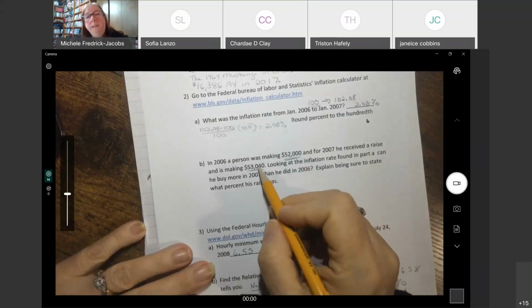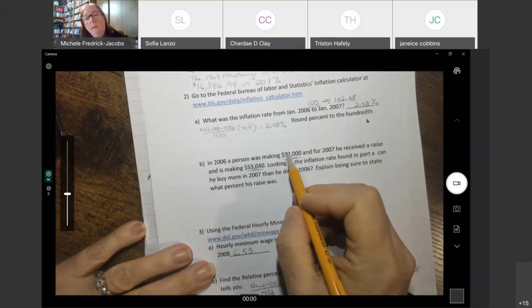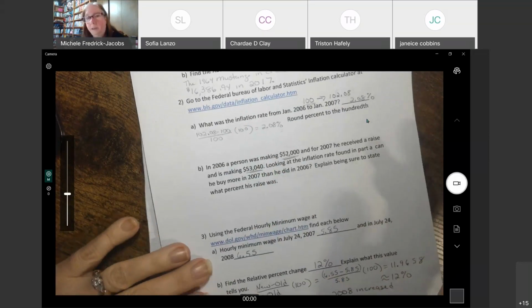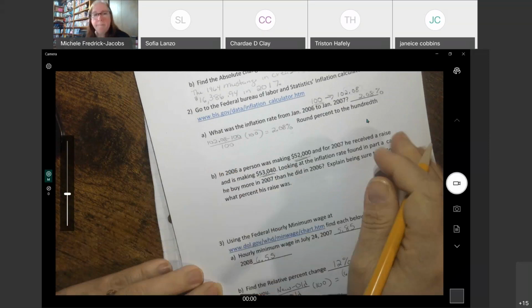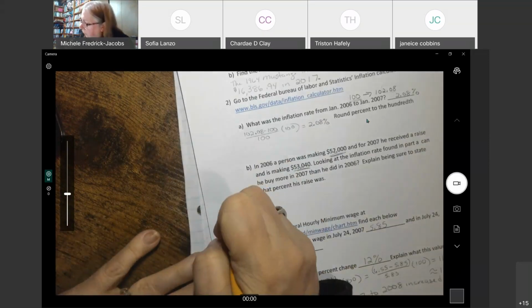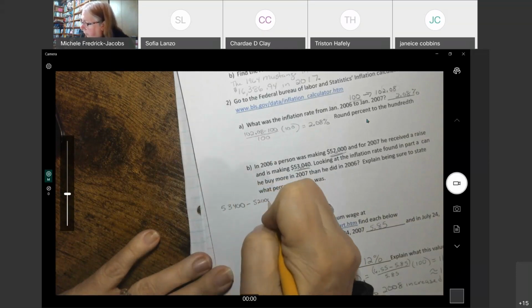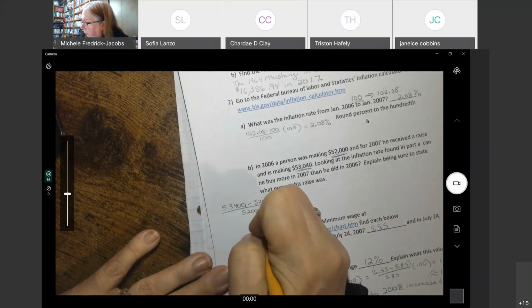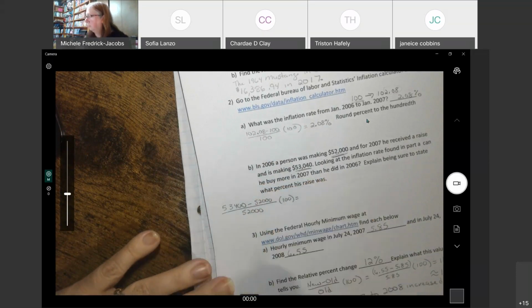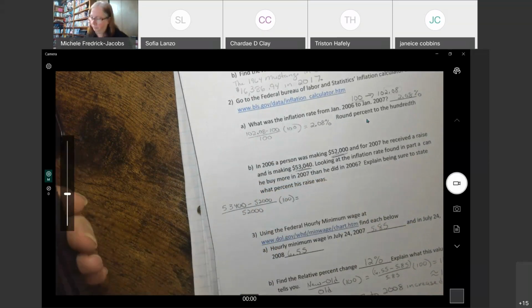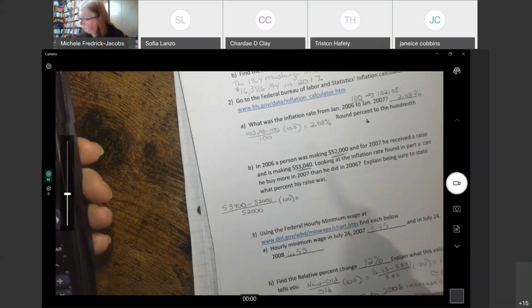So we need to find his increase. That's just relative percent change. 53,400 minus the 52,000 over 52,000 times 100. Oh, thank you.